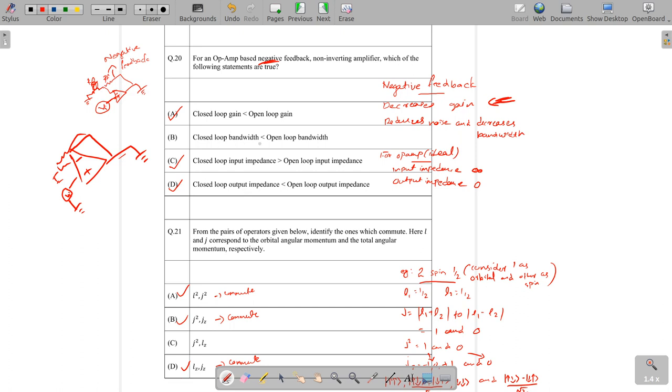The bandwidth you can see. Okay, I'm a little unsure. So this question maybe I will come back to later. This particular option I'm not sure about. Anyway, A, C, D are the options given.